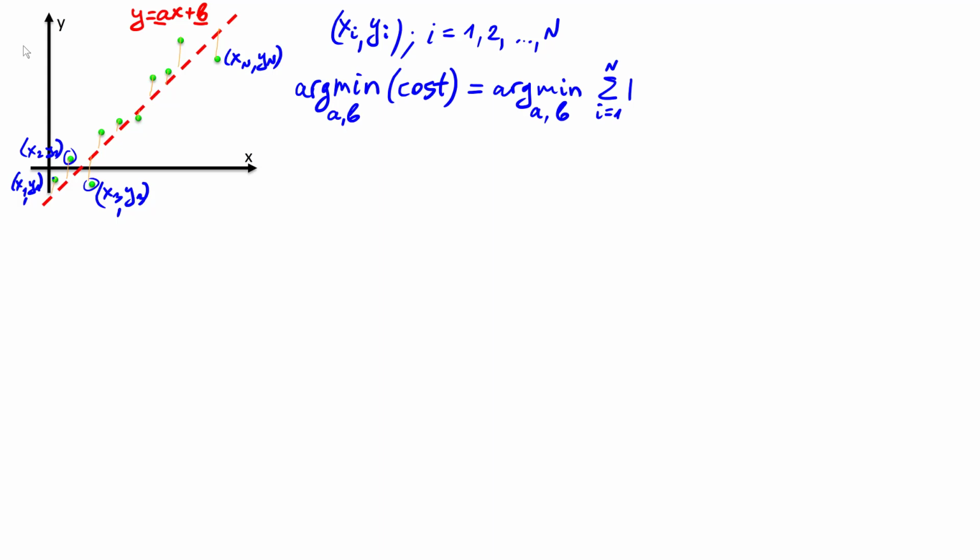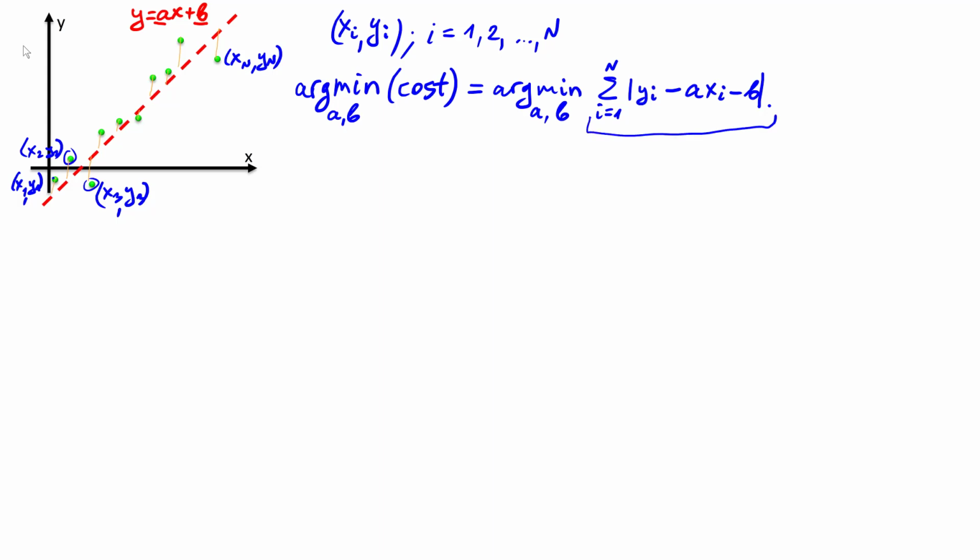And the absolute distance is yi for each point i, minus our model, which is a xi plus b. The problem here is that the absolute value function is not differentiable, and we will not be able to use Fermat's theorem about zero of the derivative at an extremum point. So you will not be able to easily find the extremum or minimum point for that kind of expression.